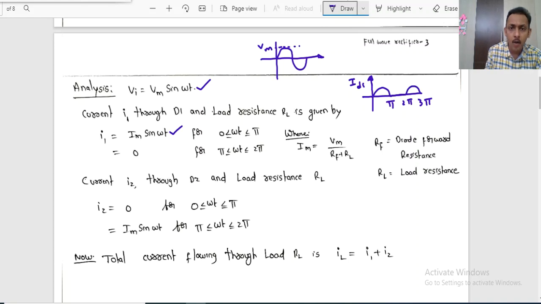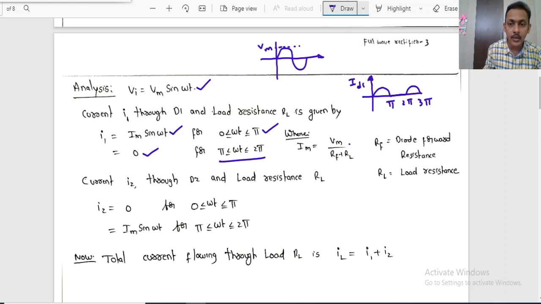Its mathematical form within the time period 0 to pi is Im sin omega t, and within pi to 2 pi is 0. Very important: the overall time period of 0 to 2 pi is divided into two parts, one within the limits 0 to pi, and the other within the limits pi to 2 pi. Now here, what does Im represent?